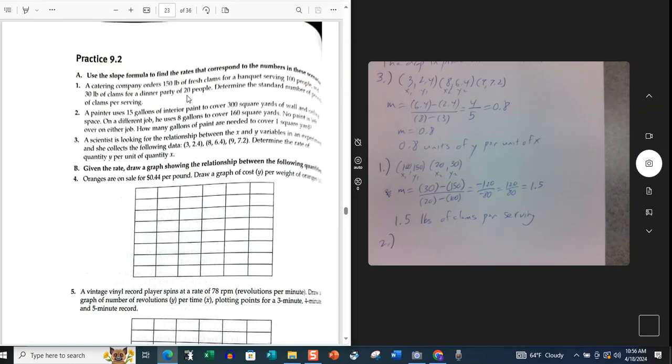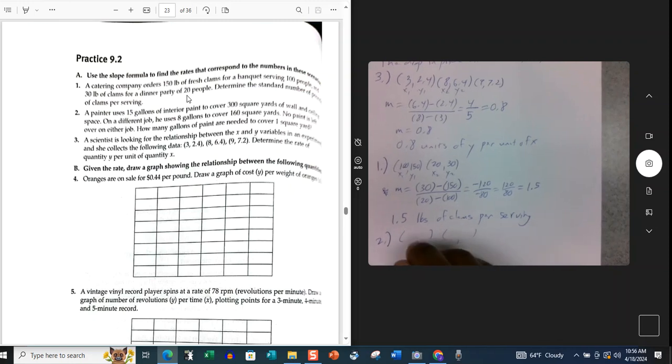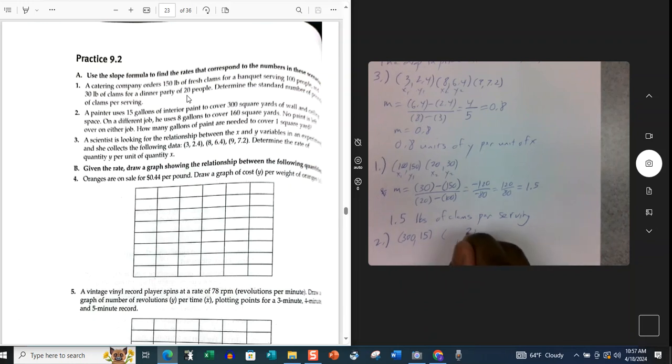How many gallons of paint are needed to cover 1 square yard? So if you notice here, gallons is your Y value. So gallons would be 15 here, which would be Y, and then the square yards would be first. And then here, gallons is 8, and the square yards is 160.